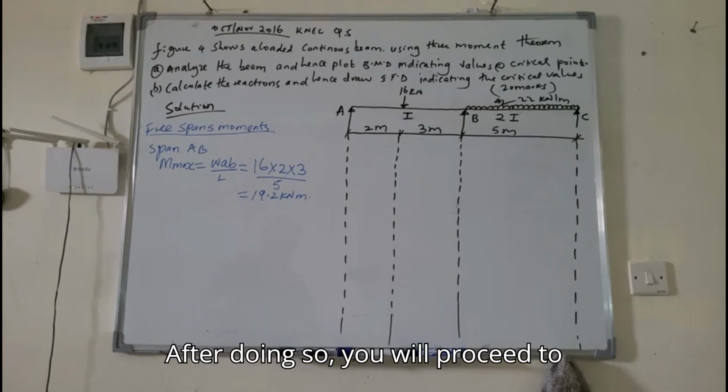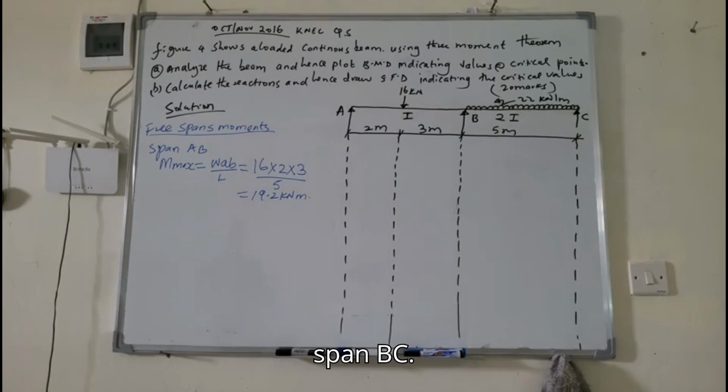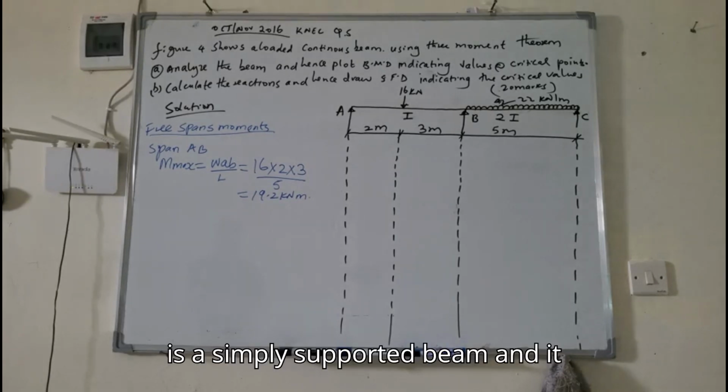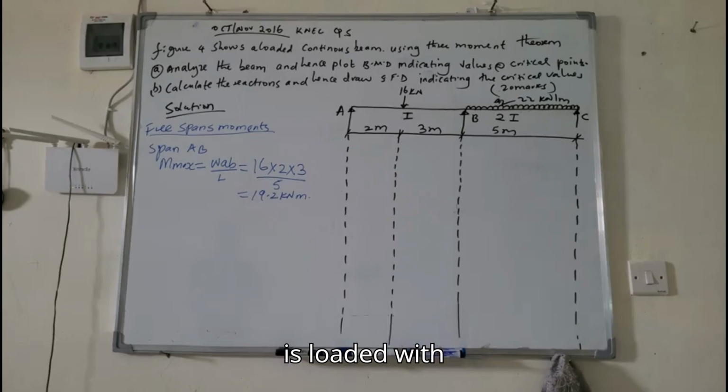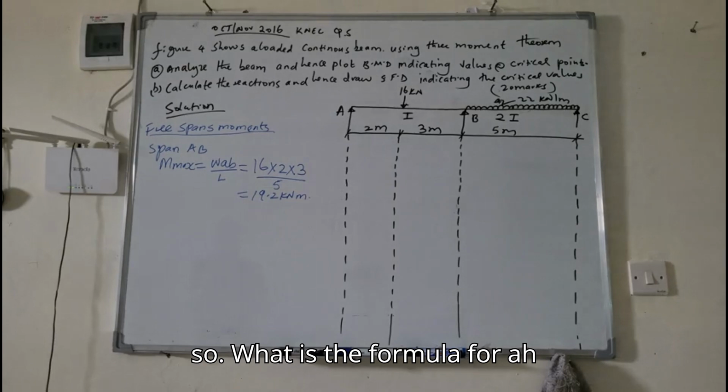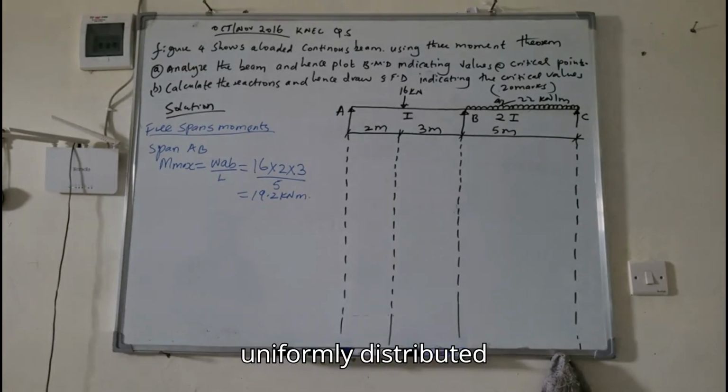After doing so, you will proceed to span BC. Span BC is a simply supported beam, and it is loaded with a UDL, a uniform distributed load. So what is the formula for a uniformly distributed load beam? It is WL squared over 8.